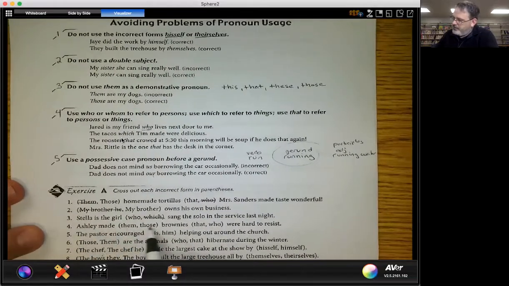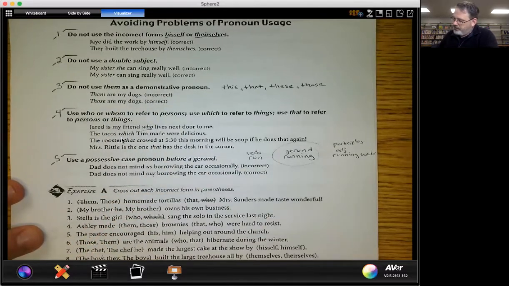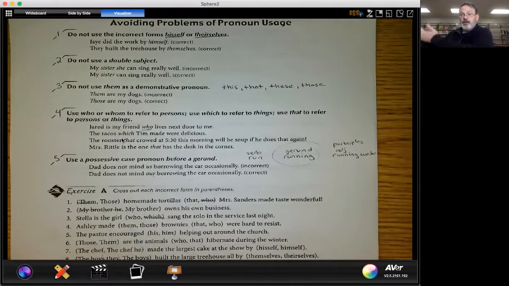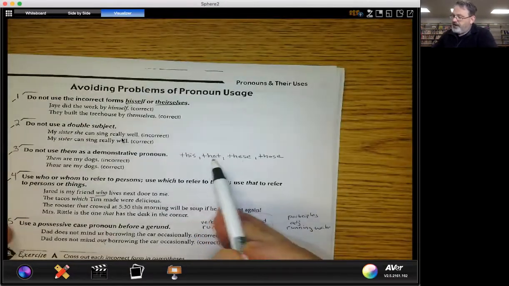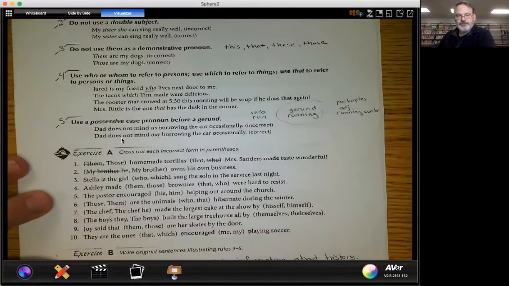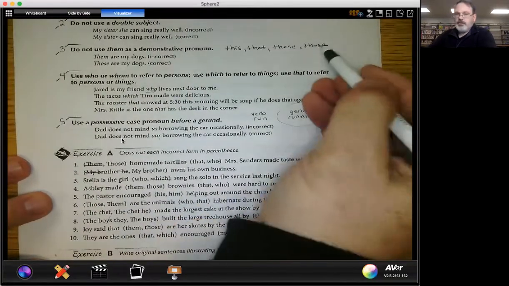Ashley made them brownies that were hard to resist, or Ashley made those brownies who were hard to resist, or that, or whatever. Well, we're back up to here. Don't use them as a demonstrative pronoun. Those brownies, I'm demonstrating which brownies? Those brownies, right? That's a demonstrative pronoun. Demonstrative pronouns are this, that, these, those. So, in the case of this sentence, Ashley made those brownies.